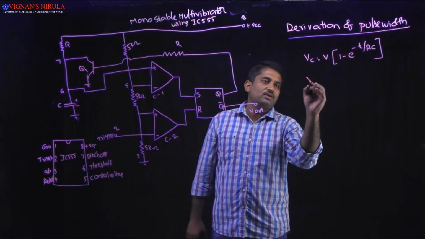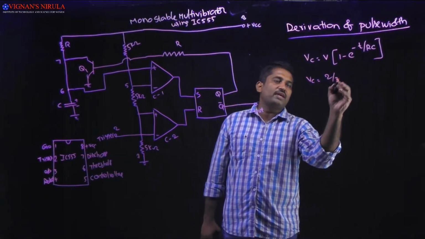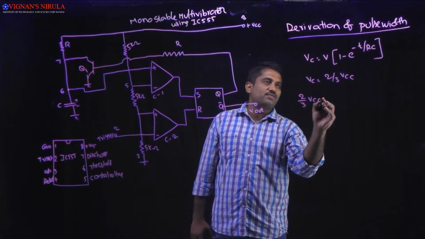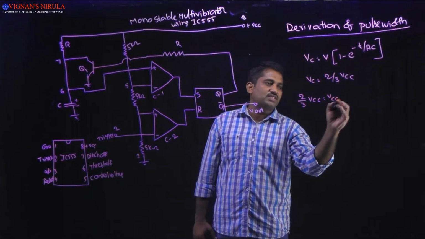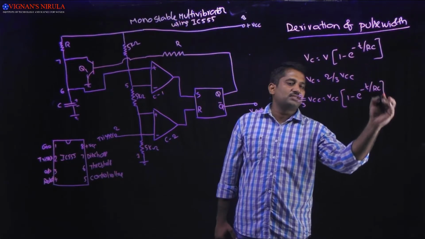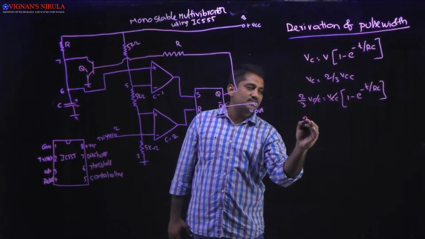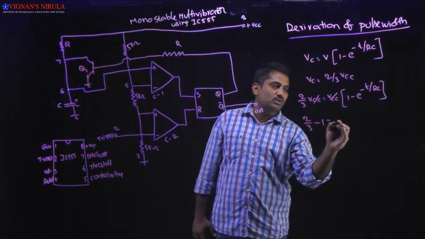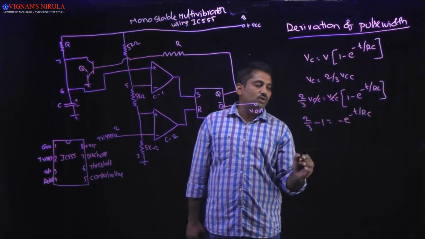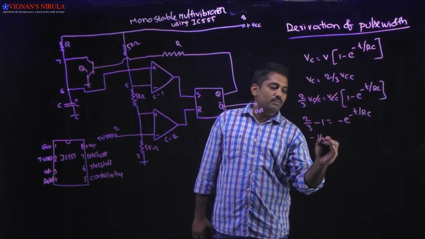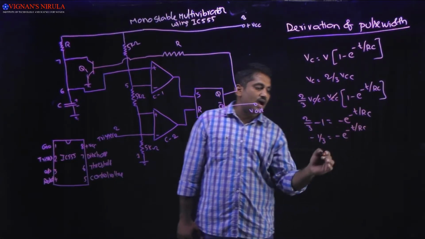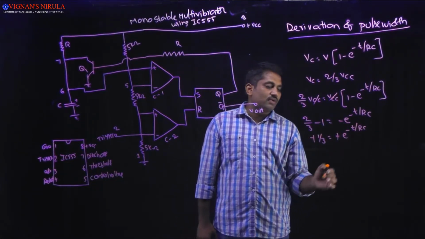So 2 by 3 VCC will be equal to VCC into (1 minus e power minus t divided by RC), and this VCC cancels. 2 by 3 minus 1 is equal to minus e power minus t divided by RC. So you will get minus 1 by 3 is equal to minus e power minus t by RC. Minus minus cancel.